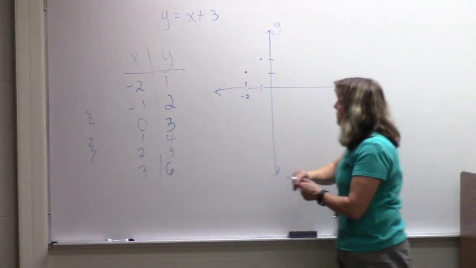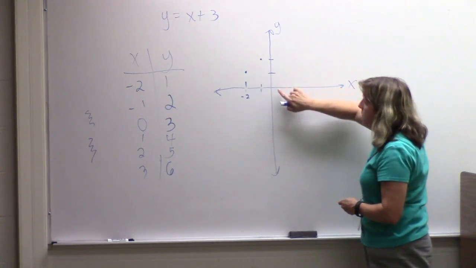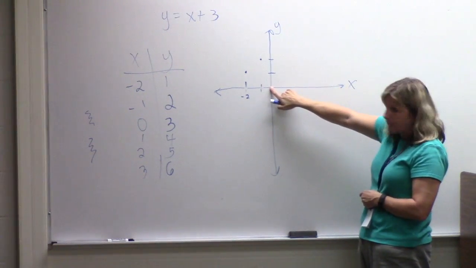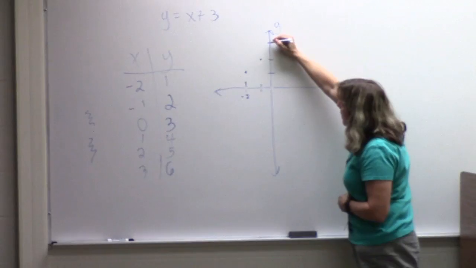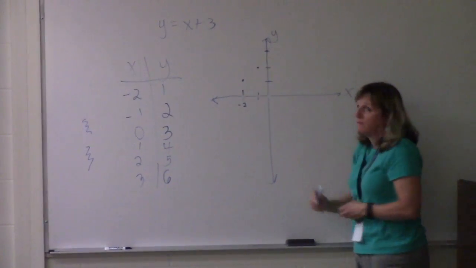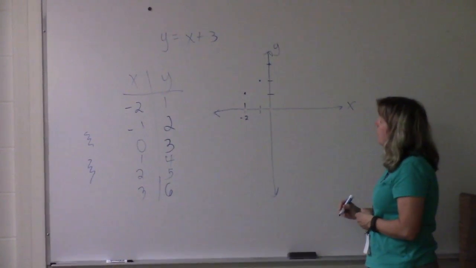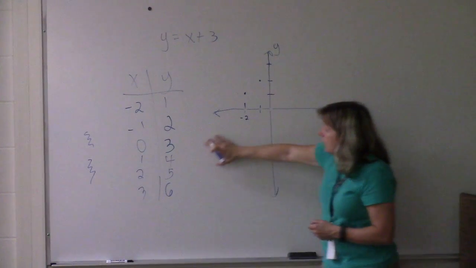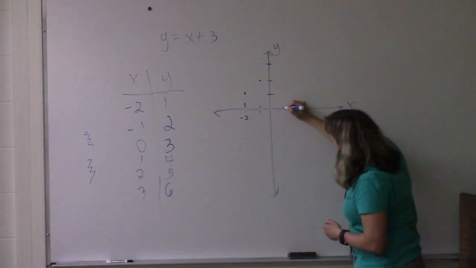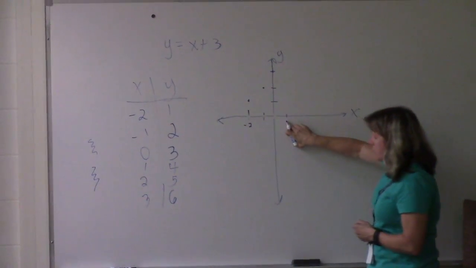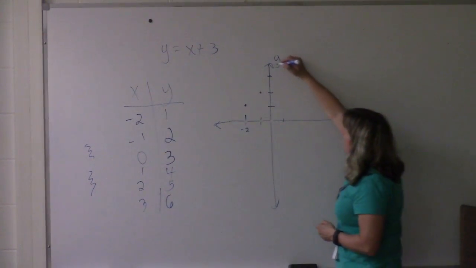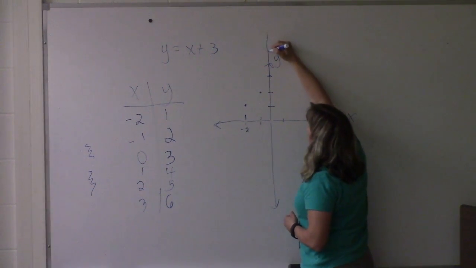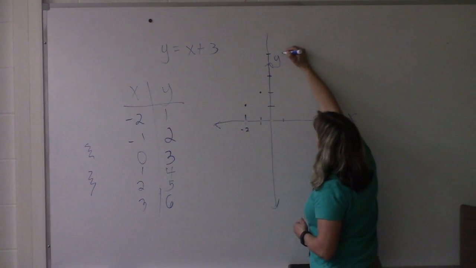Here, I've got 0, 3, so I'm not going anywhere in the x direction. And I'm going to go up 3 in the y direction. All right. Here, I'm going to go positive 1 in the x direction, and then 4 in the y direction. I'm going to have to extend this. So I'm going to be right there.